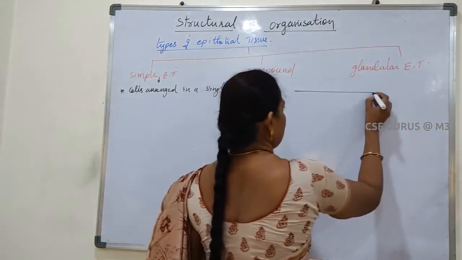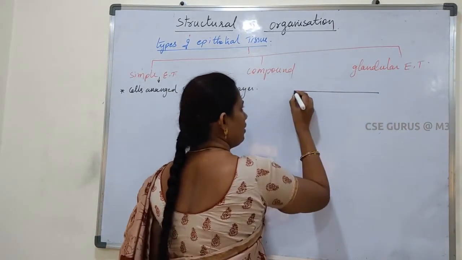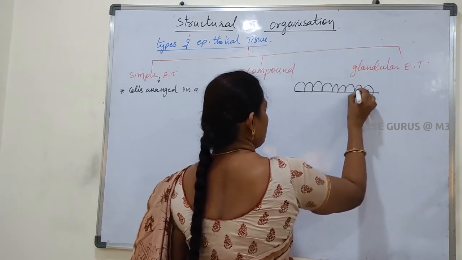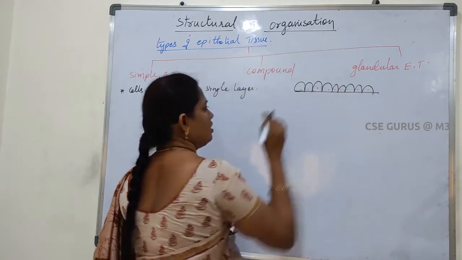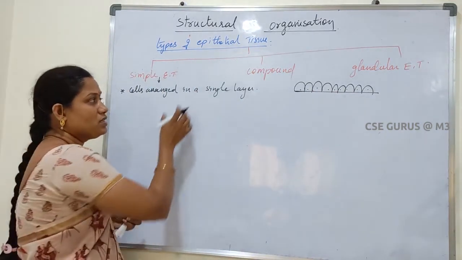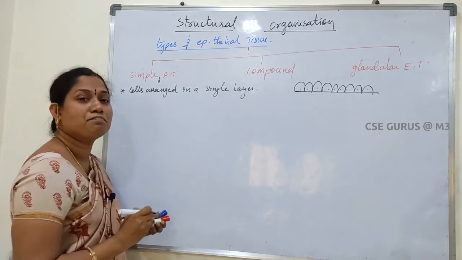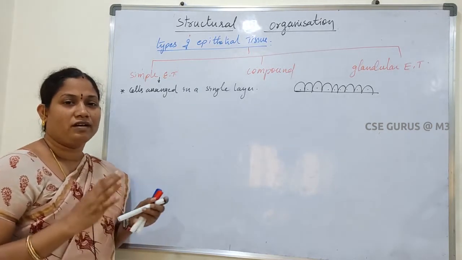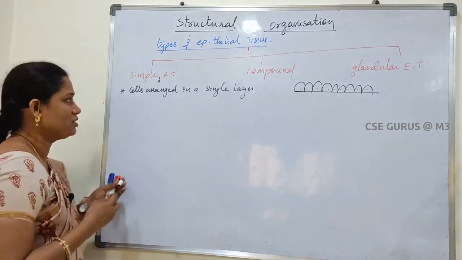For example, this is the basement membrane. On the basement membrane, only one single row of cells is present. So this type of tissue is called simple epithelial tissue. The cells are very tightly arranged to each other.